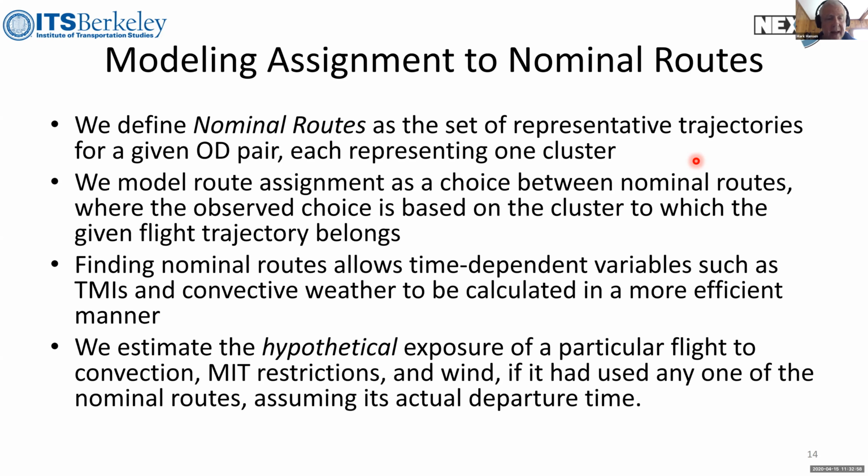And just to look ahead, what we're going to be doing is for each particular flight based on its departure time, we will be imagining that it's essentially choosing between those different nominal routes, and we will be estimating what its hypothetical exposure would be for each nominal route to different features that we think are important in determining which route it chooses. And you see some of the factors here. We'll talk more about this later.